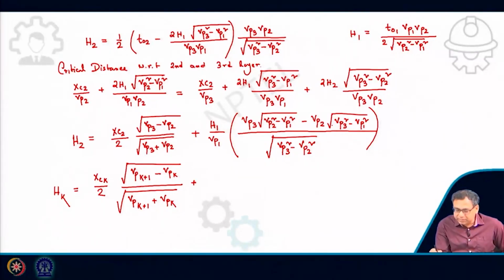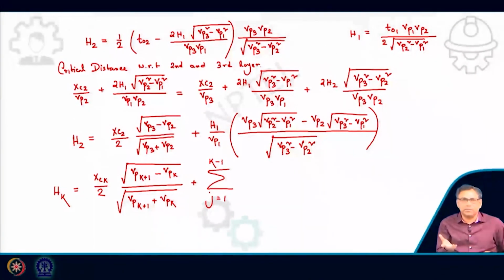This Vp3 is one part added, now it is one part then another part. This keeps on adding if you take n number of layers. So that's why I have to put a summation, j equal to 1 to k minus 1. Here it is k, but you can go for n also. I am writing it in terms of k, so that means k number of layers.